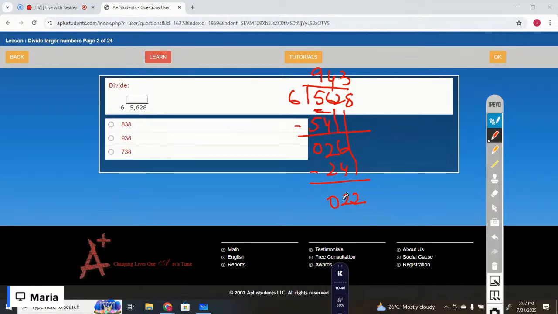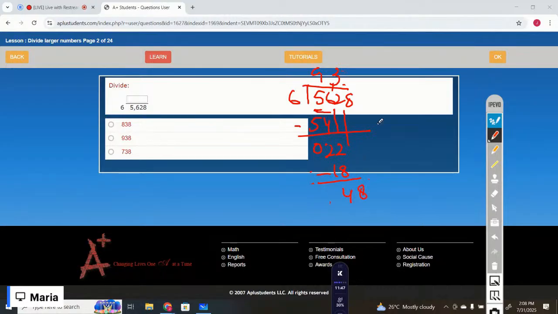Bring the next digit down, that is 2. So 6 times 3 is 18. 22 minus 18 is 4.